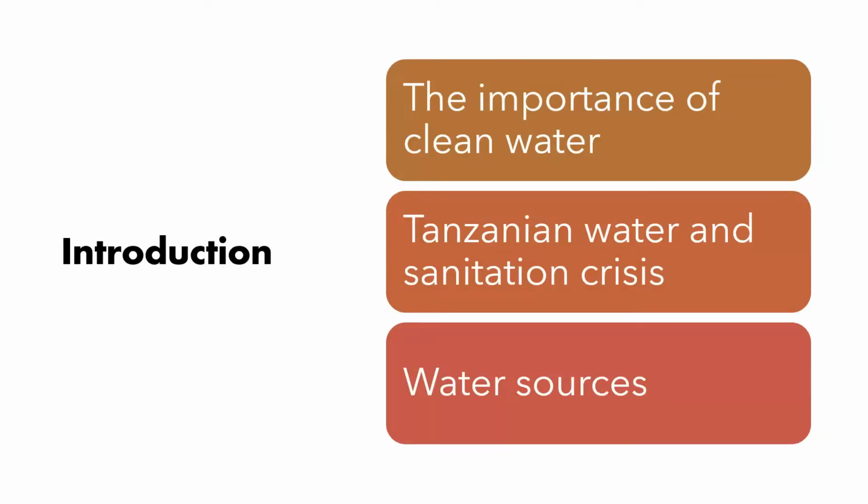So, getting into the project, as we know, water is an essential resource for human life, right? And it's important that the water that people consume is safe and clean, as unclean water can hold contaminants that are harmful to the human body.